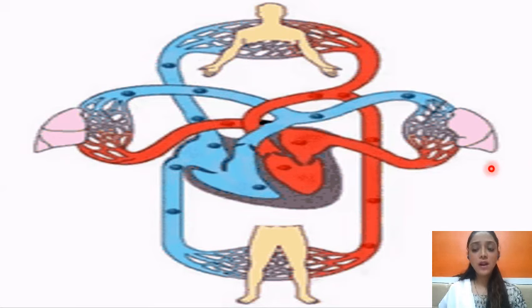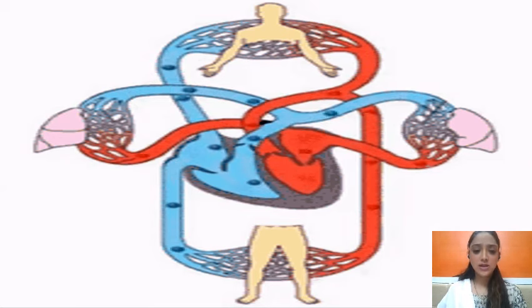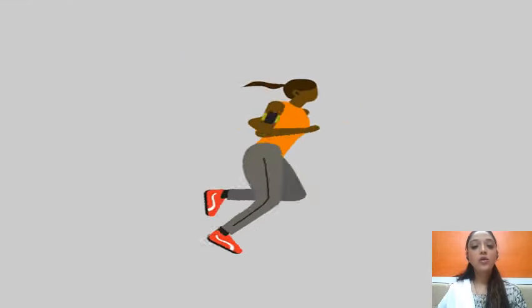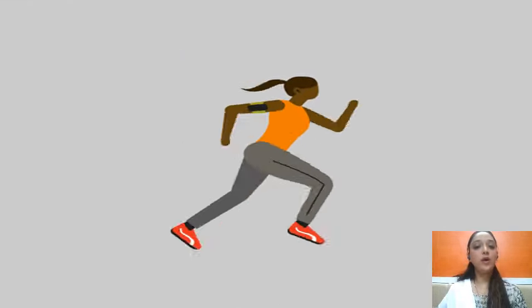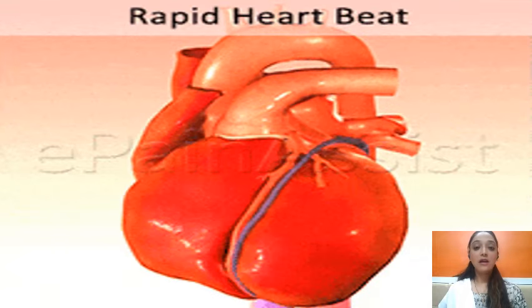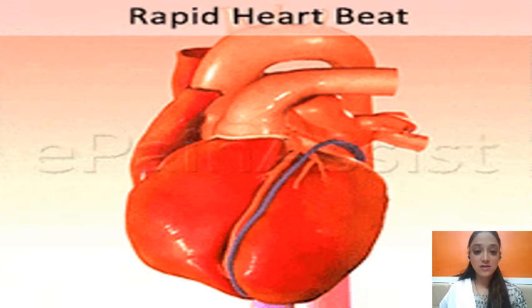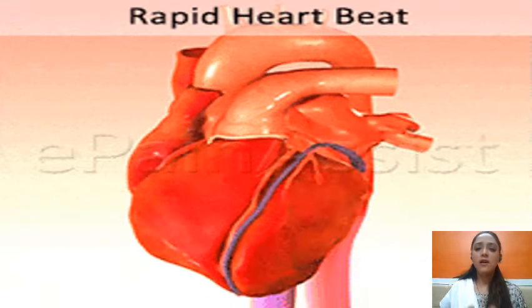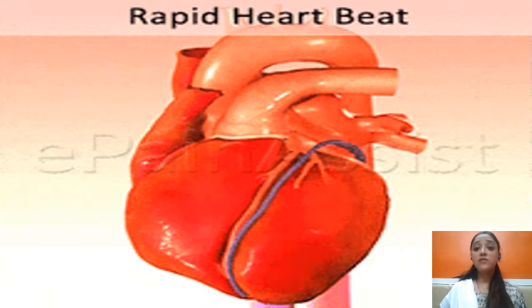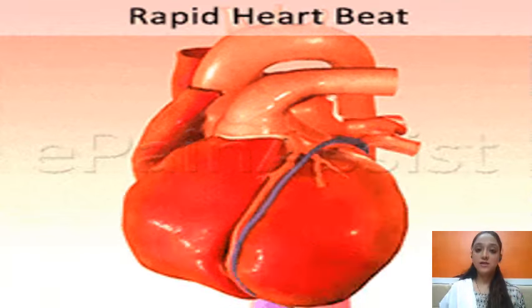Now, when you exercise, you can feel that your heart is pumping very fast. If you are doing any kind of exercise, if you are jogging, if you are running, whatever you are doing, you can feel that your heart starts to beat very fast.